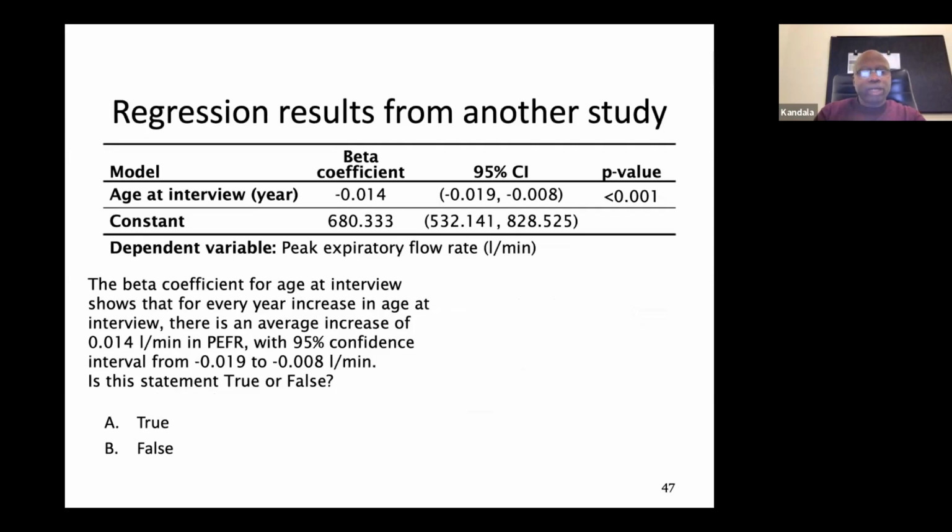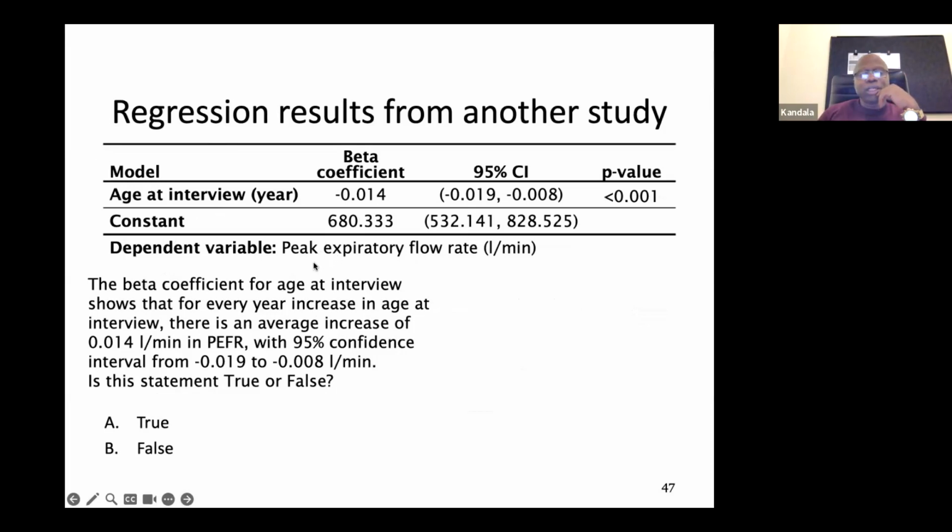So we have now another question and answer scenario, still in the health sector.